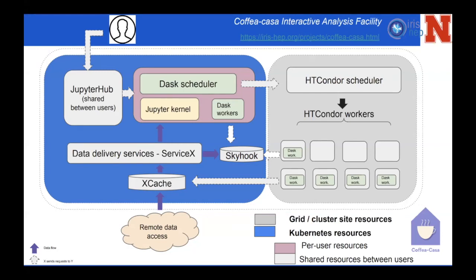So we fit Skyhook between the data delivery service and the Dask worker, so that users can get only the filtered data out, and in that way accelerate their analysis. It's a nice and fast staging area for your data.